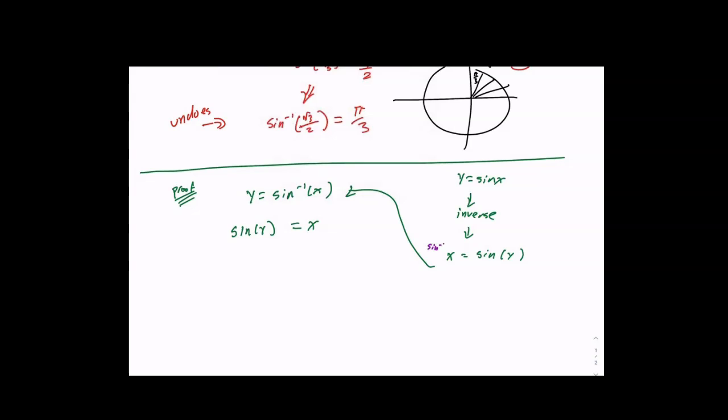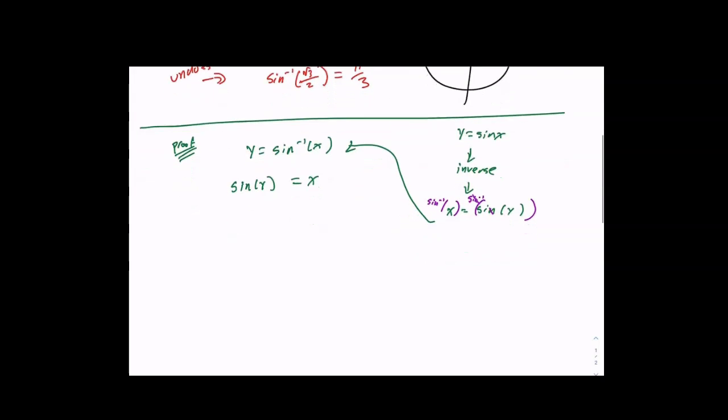So you just take the inverse sine of both sides. The sine and inverse sine cancel each other out, and you're left with y equals inverse sine. However, we're going to focus on this version right here. So these are equivalent. Y equals inverse sine of x is equivalent to the sine of y is equal to x.